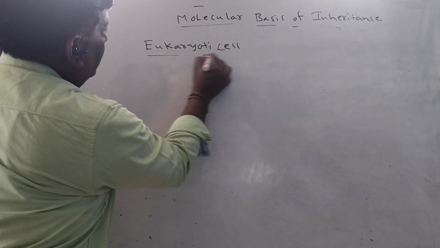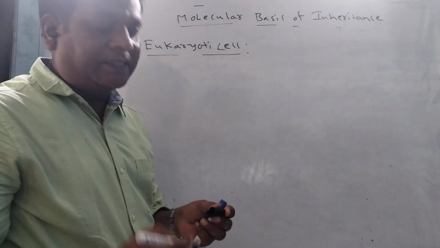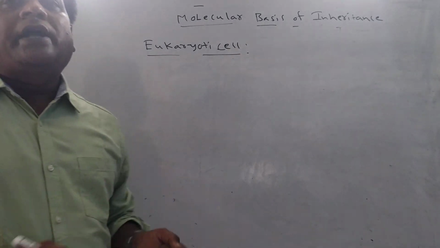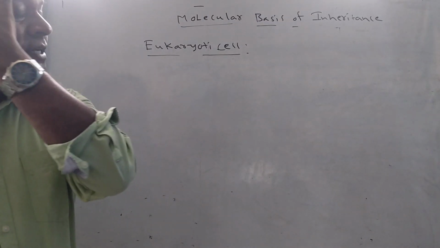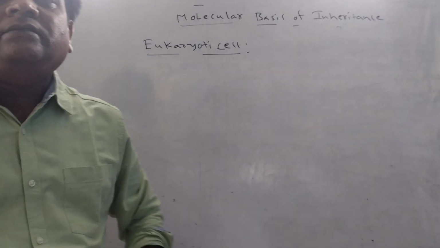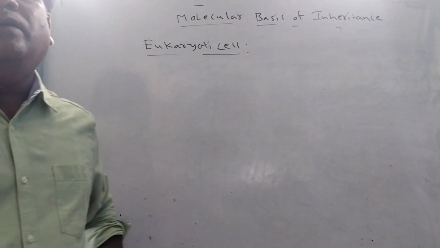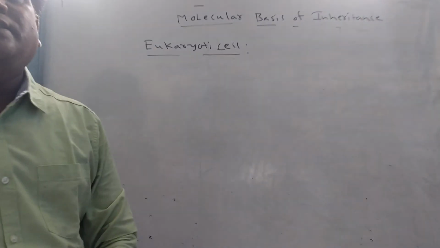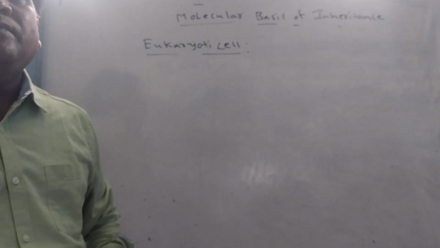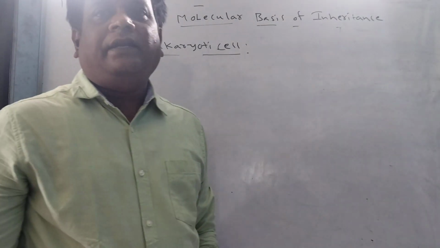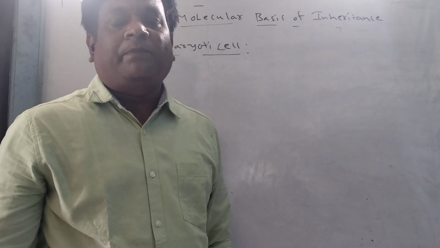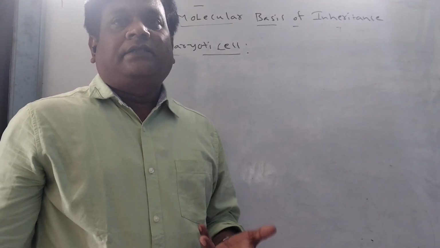A well developed nucleus is present. Cells with a well developed nucleus we call eukaryote cells. For prokaryote cells, we can take the example of bacteria, the monera. For eukaryote cells, the plants and animals. We call these the plant cell and animal cell.